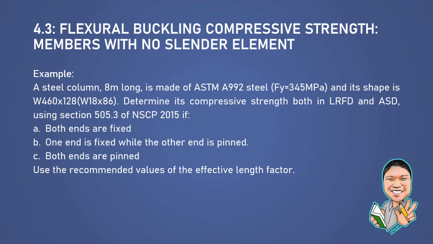So determine its compressive strength both in LRFD and ASD using section 505.3 of NSCP 2015 if, for letter A, both ends are fixed. Letter B, one end is fixed while the other end is pinned. And letter C, both ends are pinned. So use the recommended values of the effective length factor.